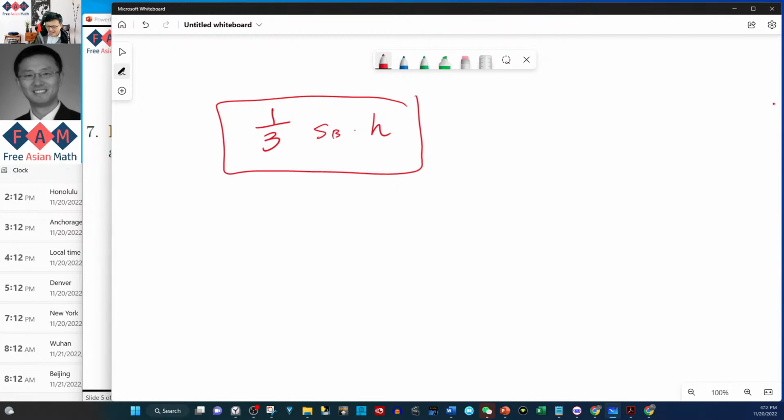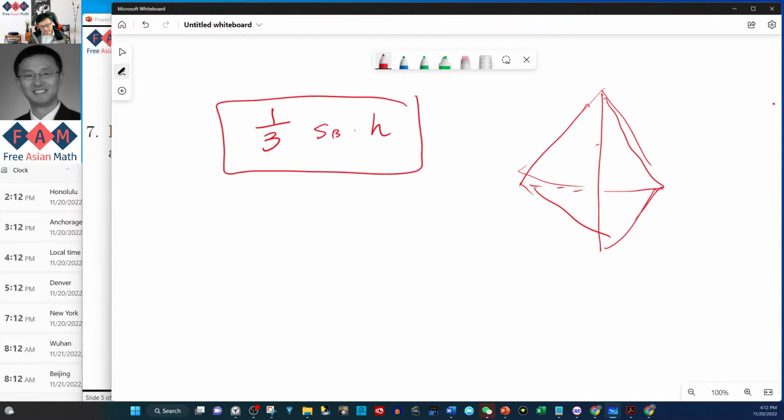You can think of a cone as a special pyramid which has infinitely many sides on the base, right? You have some standard diagram, this one, not a dotted line.